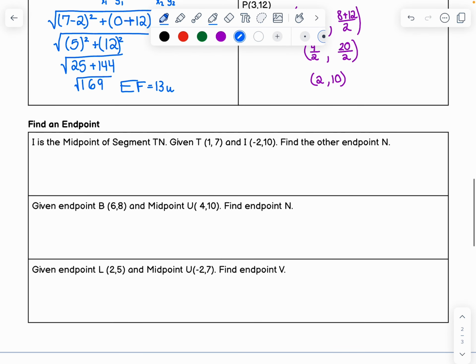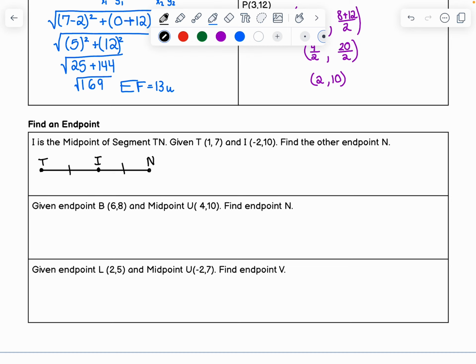So our last thing that we're going to do today is find an endpoint. And so I is the midpoint of TN. Let's draw a picture. We have T, we have N, and I is the midpoint.